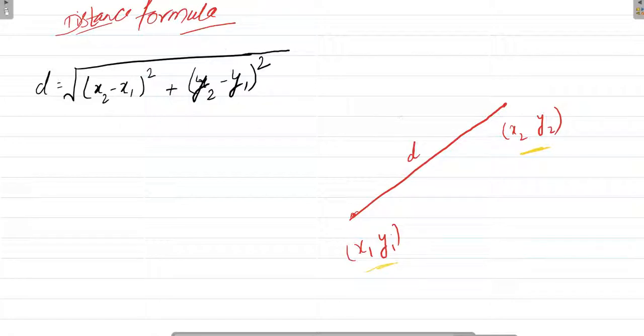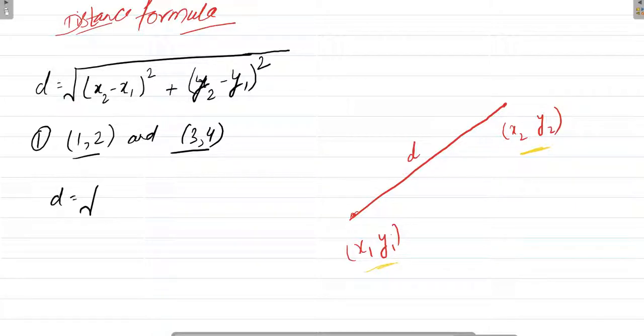All right, so this is the distance formula, and for example I can solve a very fast question here. Let's say our 2 points given are 1 comma 2 and 3 comma 4, and we want to calculate the distance between them.